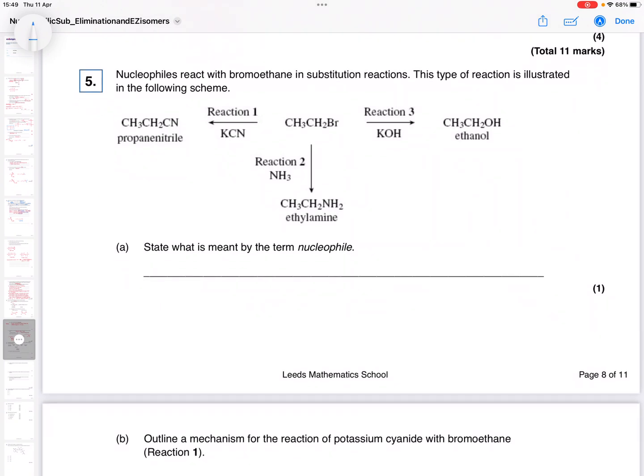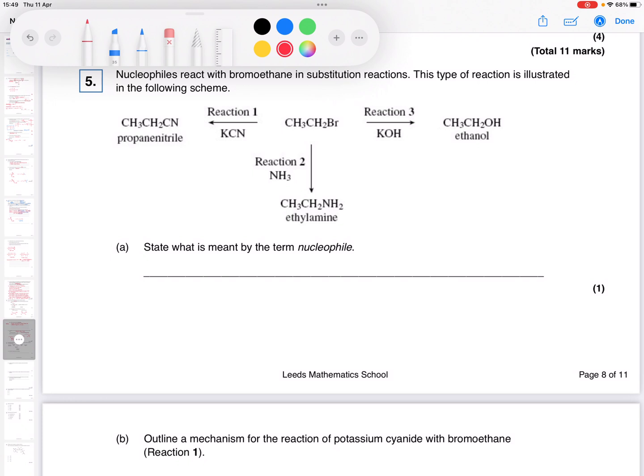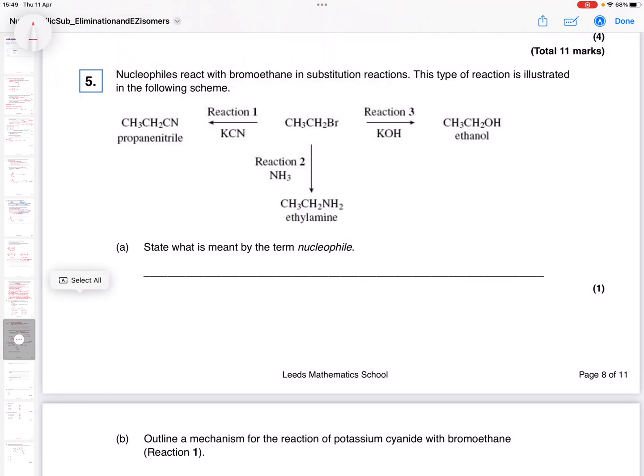Question 5. Nucleophiles react with bromoethane in substitution reactions. This type of reaction is illustrated in the following scheme. So we've got another scheme now where we've got halogenoalkane doing 3 reactions. We've got potassium cyanide in the first one.